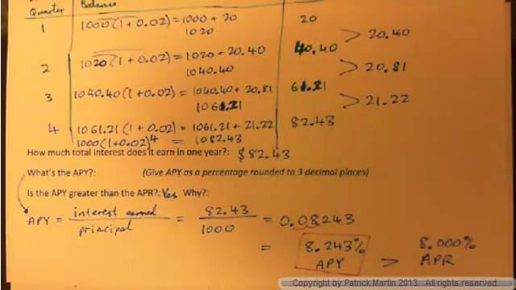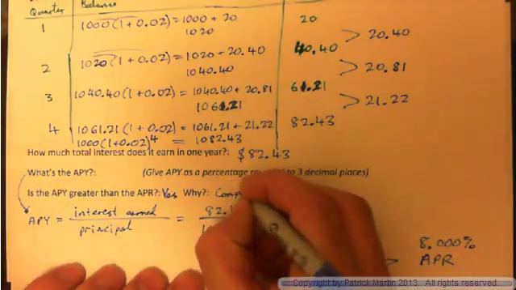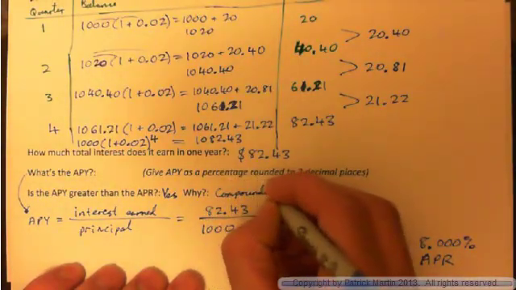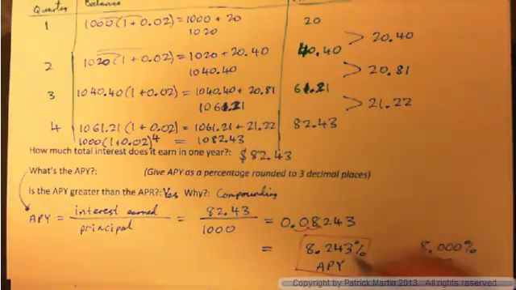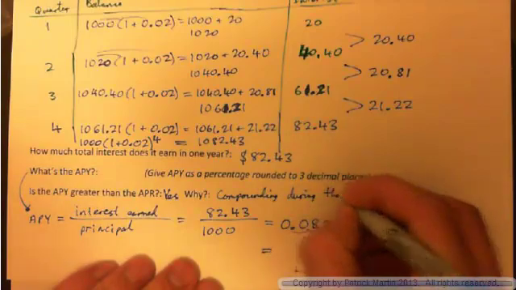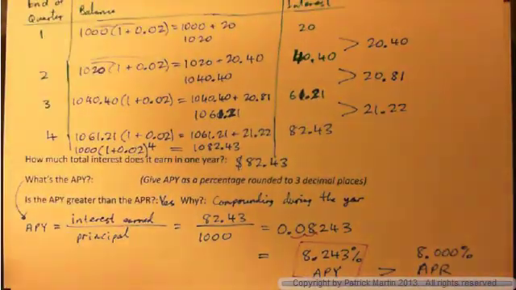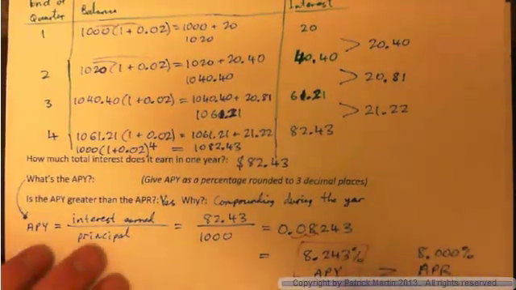Well, because compounding occurred during the year, right? We had compounding during the year, which gave interest on top of interest, which gave us more interest than just 8%. It gave us 8.243%, right?